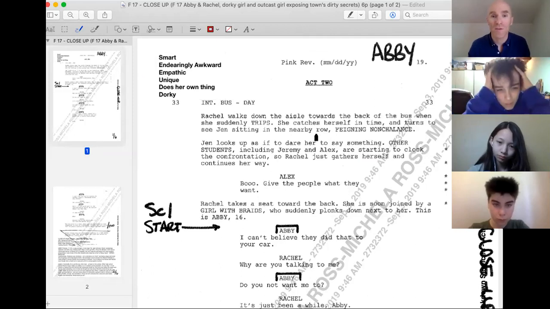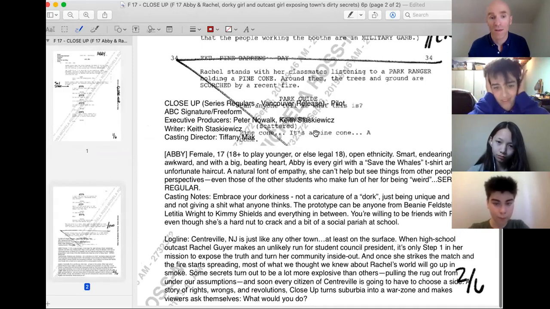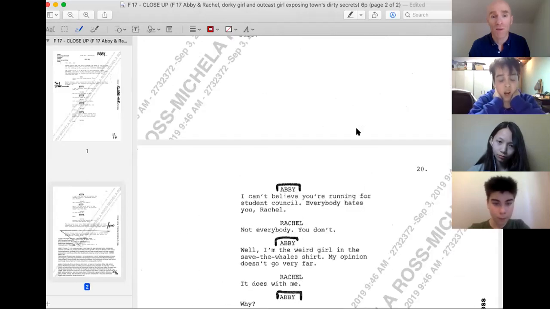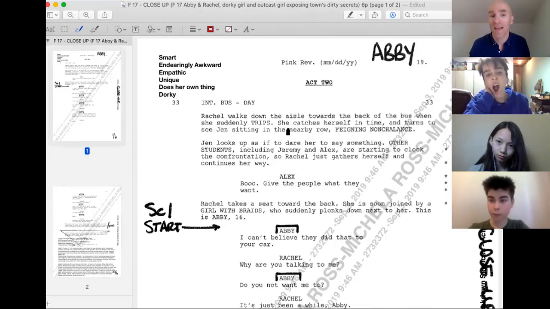Yeah, and then we would want to do the same thing for Rachel, even if we didn't have that in the breakdown. Sometimes you get a breakdown that's got the details for multiple characters. In this case, we've just got this for Abby.